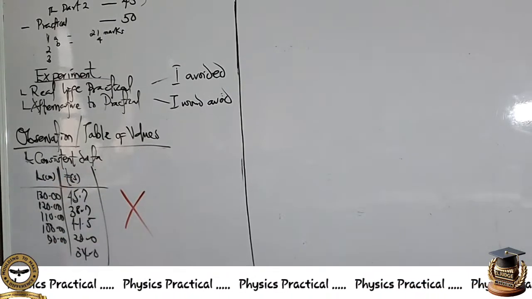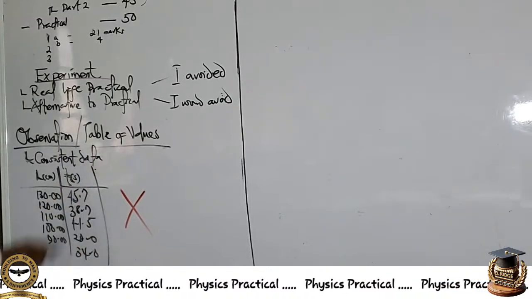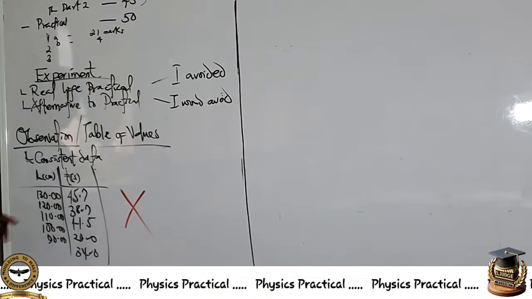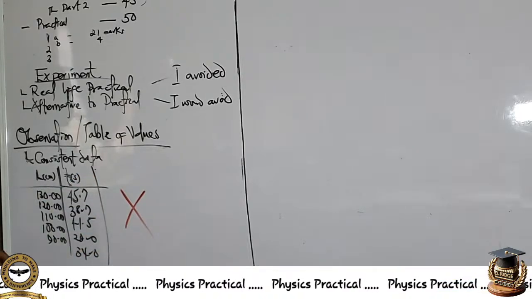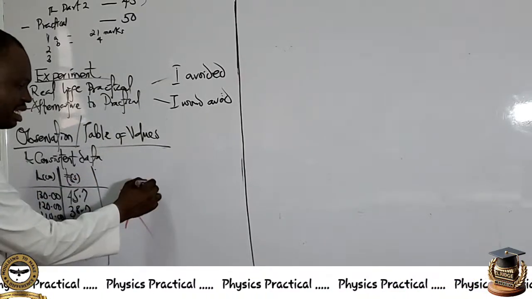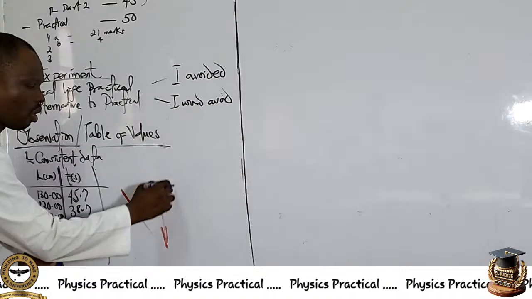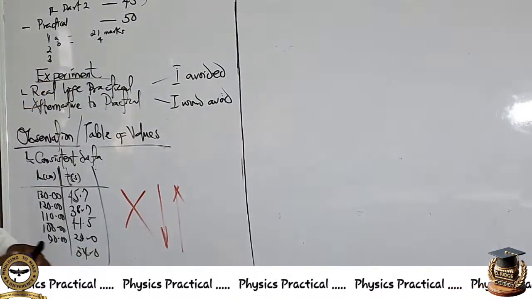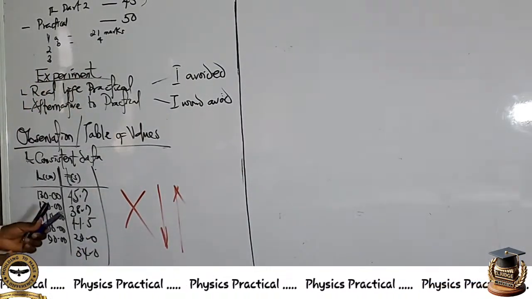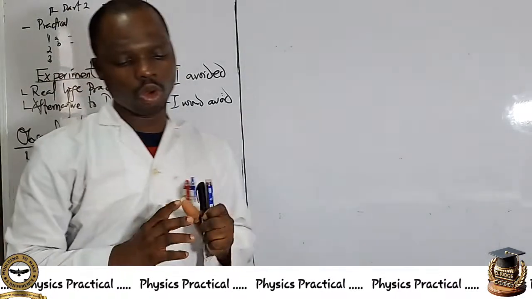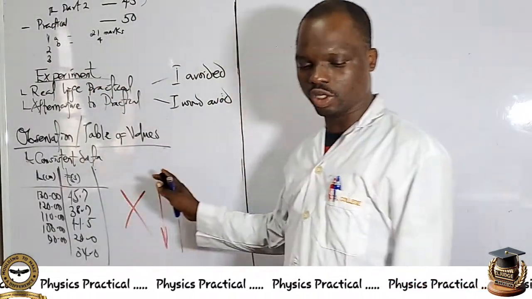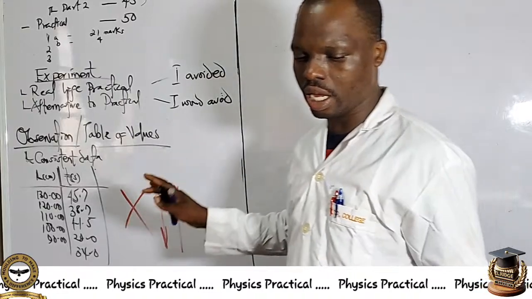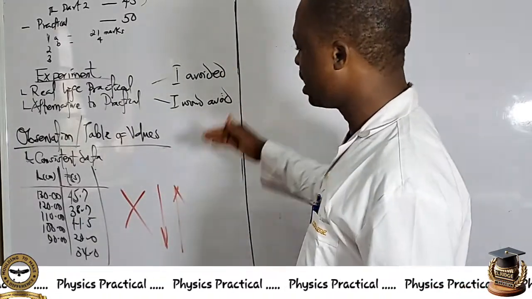So you lose the mark for this whole table in this case because you do not have consistent data. Either your data is decreasing or it is increasing in value, and that is one of the things the examiner will always look at, because in this kind of experiment it's always noted that the time decreases.